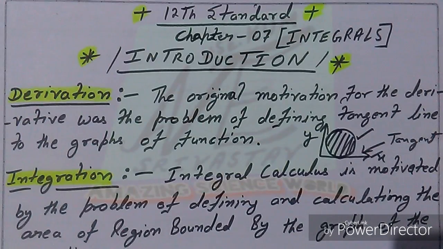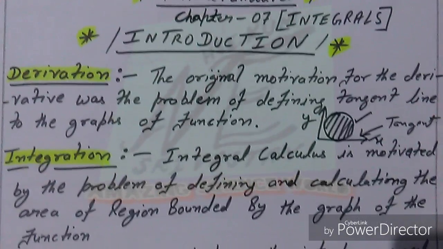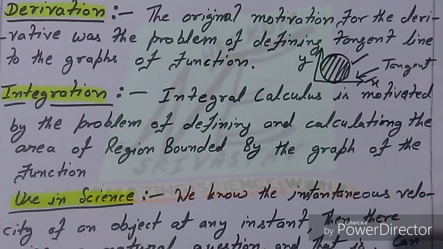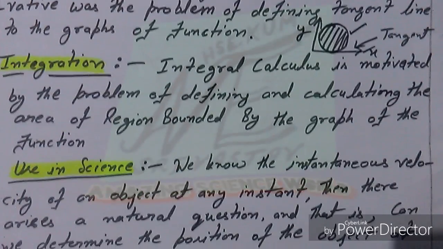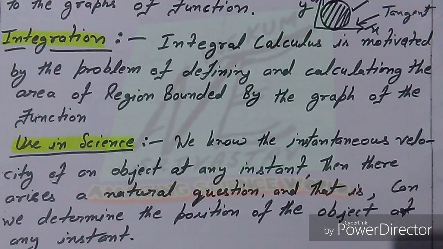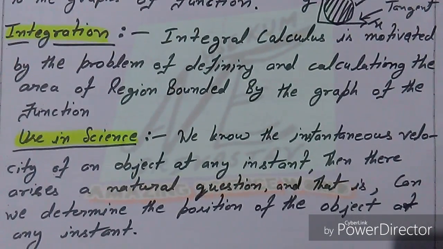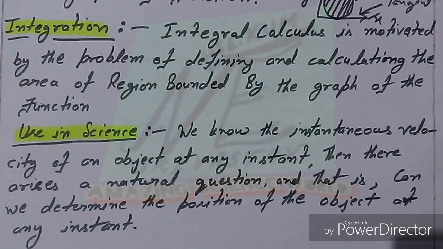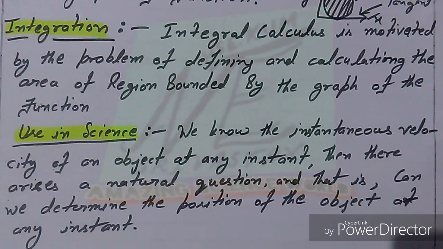And integration is very important in our life, and most students don't know the use of integration in science and in our life also. By this video I will help you understand the importance and use of integration in science.